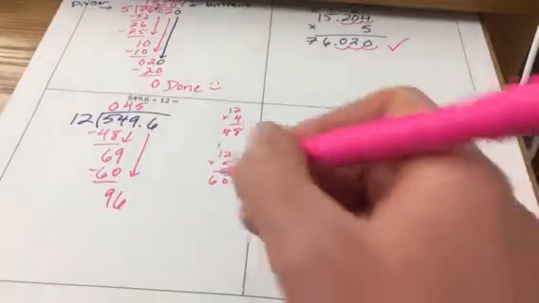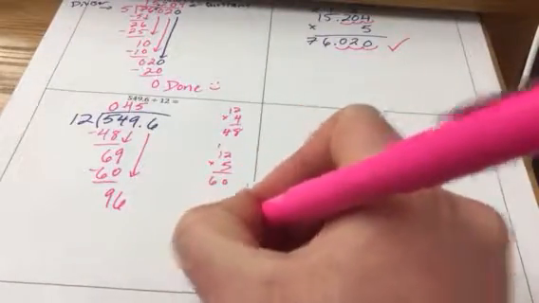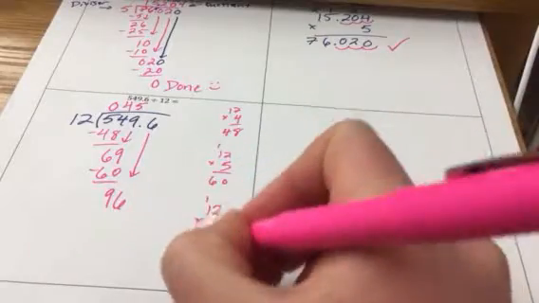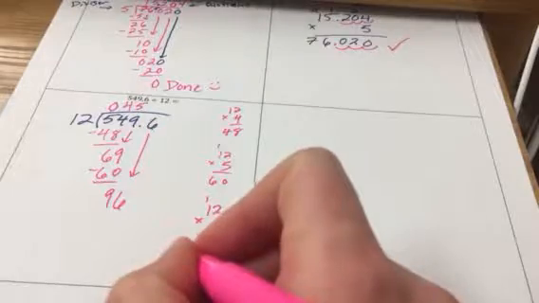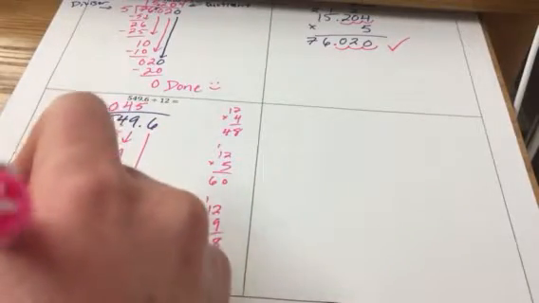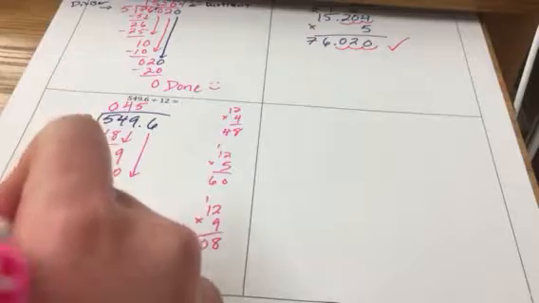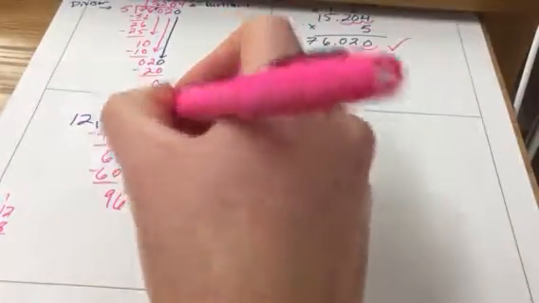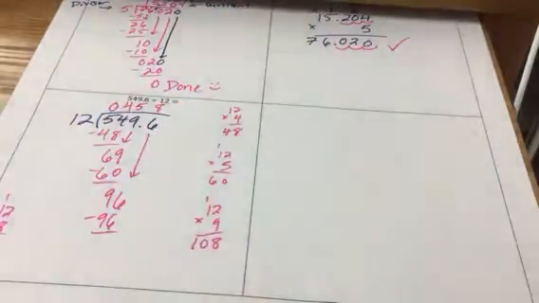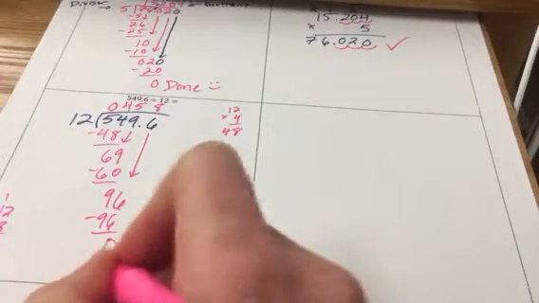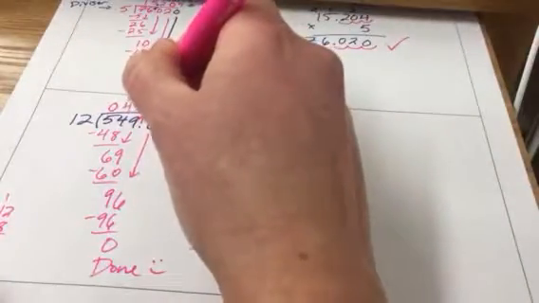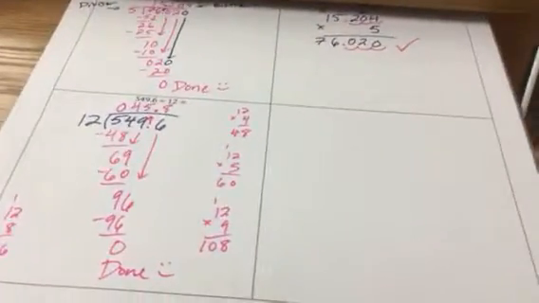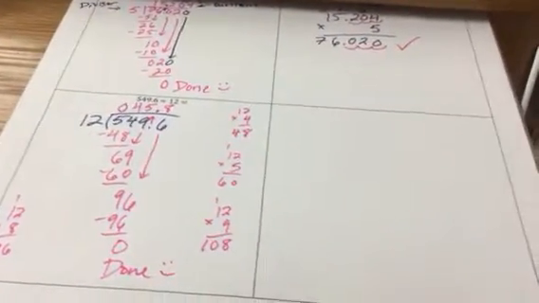Let's maybe try 9 times. 108, that's too much, so let's try 8 times. 12 times 8 is 96, perfect, just what I'm looking for. So that goes in 8 times, I subtract 96. I have 0 remainder, so I'm done. I just need to bring my decimal straight up into my answer.